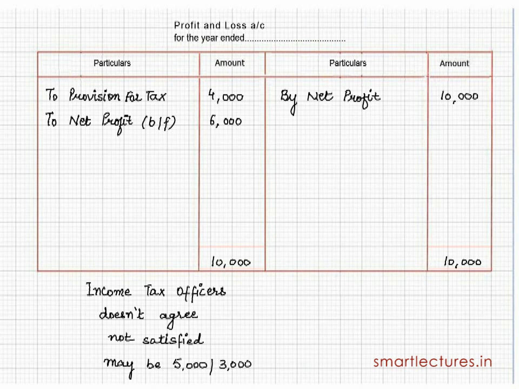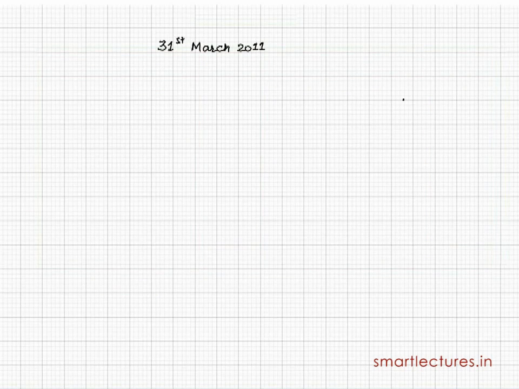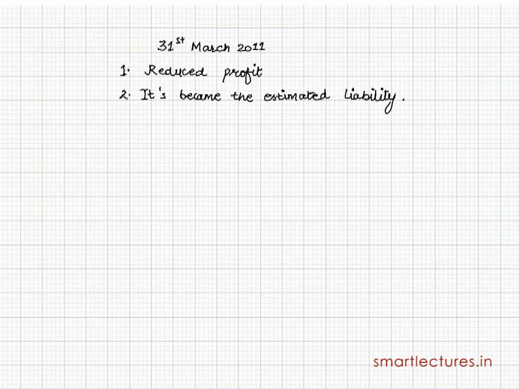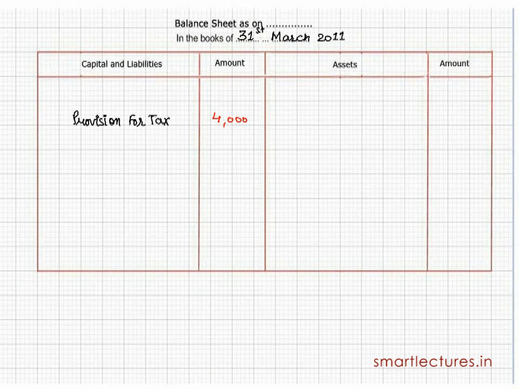So now today is 31st March 2011. Now what will you do? You have reduced your profit by rupees 4,000. So one thing is clear: provision for tax reduces your profits, and number two, it becomes the estimated liability. So on the balance sheet as on 31st March 2011, on the liability side you will show provision for tax rupees 4,000. So this is the system.